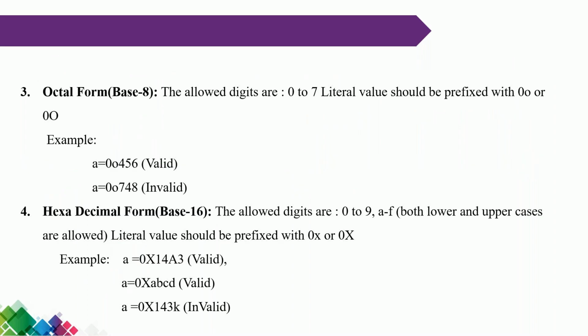Now move to the third form, octal representation. What is meant by oct? Oct is called base 8. That means a total of 8 numbers. So what are the 8 numbers? Obviously 0 to 7. Again, to avoid confusion, for example, A is equal to 5.